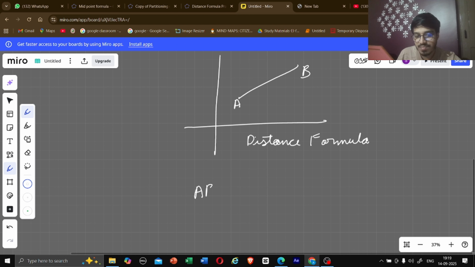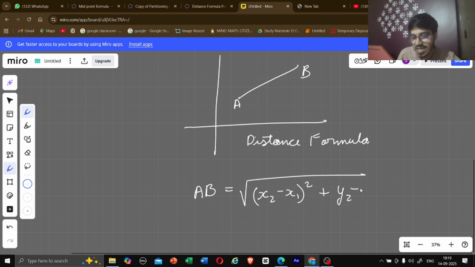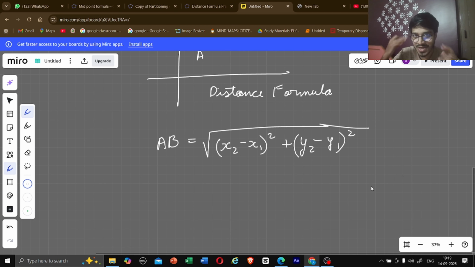So distance from point A to point B is whole root of (x2 minus x1) whole square plus (y2 minus y1) whole square. So you are getting it? From somewhere in your mind this formula was there, right?